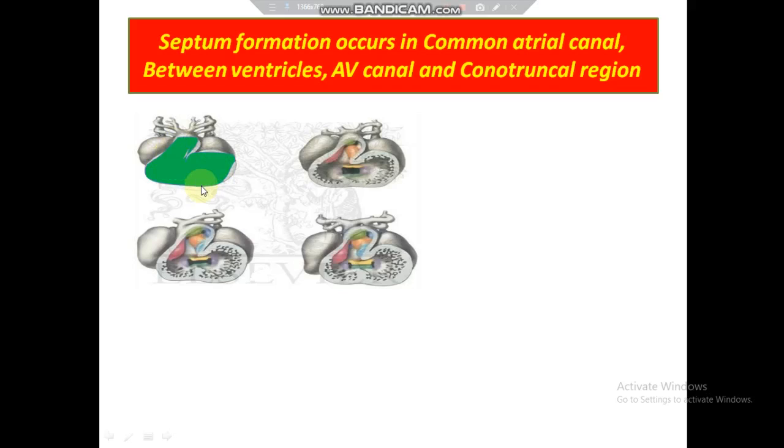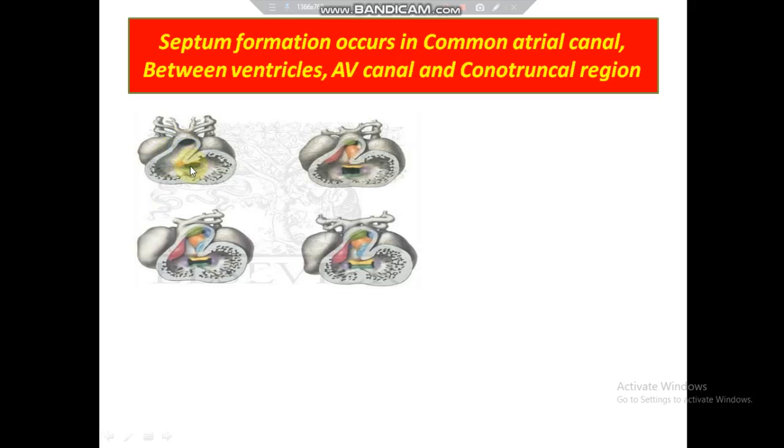Now, if we remove this anterior wall, we can see the inside. The conotruncal area appears smooth and leads into the truncus arteriosus. We know the conotruncal area is responsible for formation of the outflow of the ventricle.